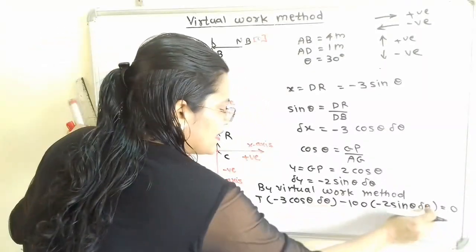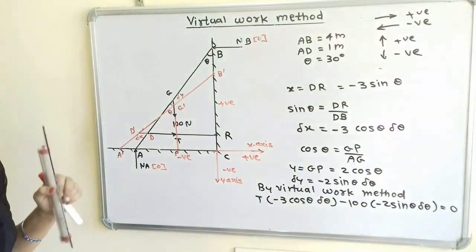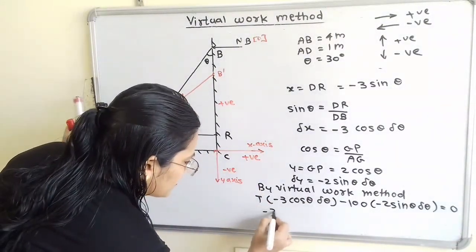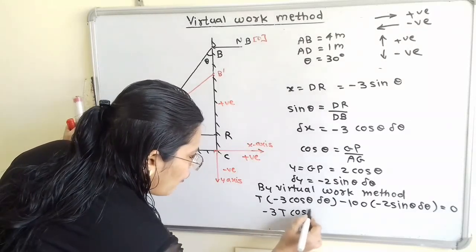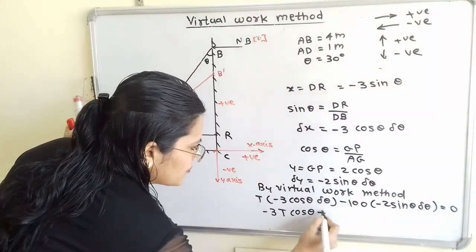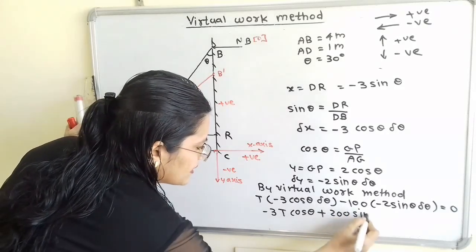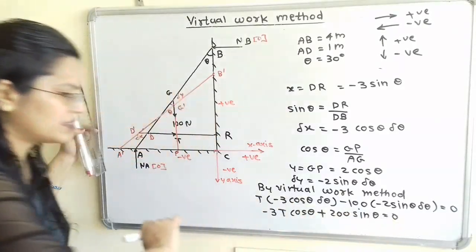So we will take delta theta as a common term, we will transfer to the right hand side and it will become 0. So we will simplify this, minus 3T cos theta, now this minus minus will become plus, plus 200 sin theta is equal to 0.